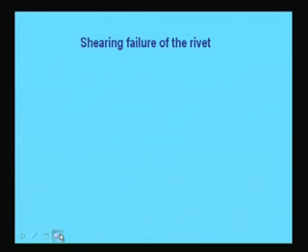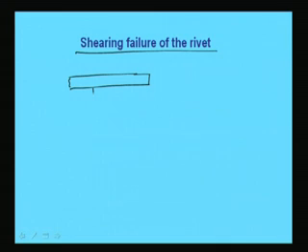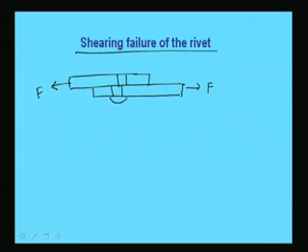Now, we will see how the shearing failure of rivet can be calculated. First, we will see how the shearing failure is happening in case of, say, a lap joint. Say one plate is here and another plate is here, these are under force F, and say one rivet is there which is going to fail.